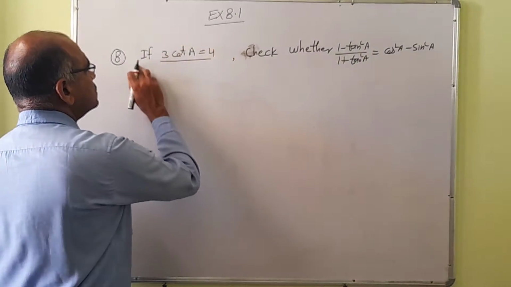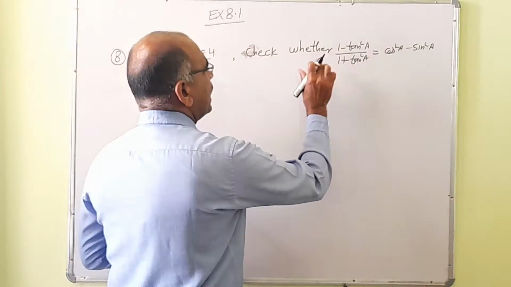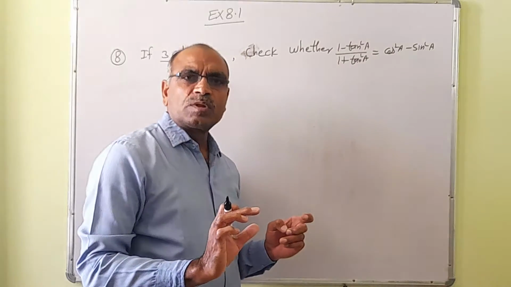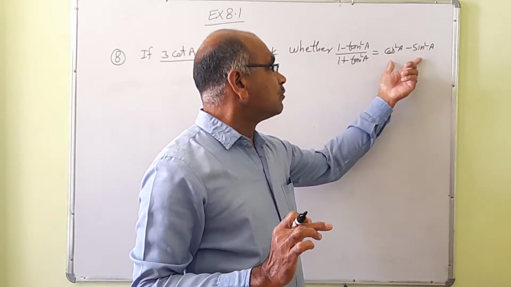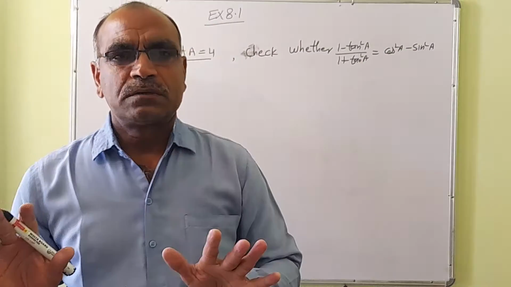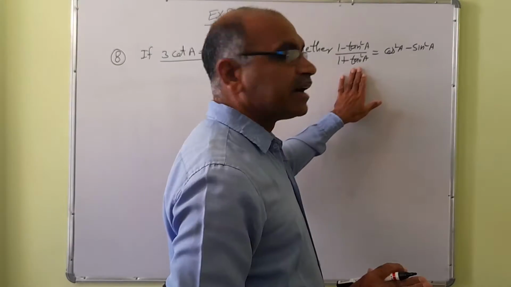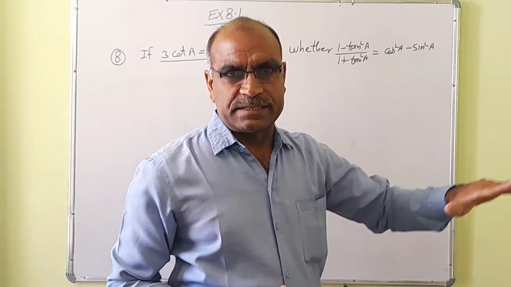You have to use this statement and find the value of this and this. You have to check value of this equals to this or not. आपको ये चेक करना है कि इसकी वैल्यू जब फाइंड करें और इसकी वैल्यू फाइंड करेंगे अलग से.